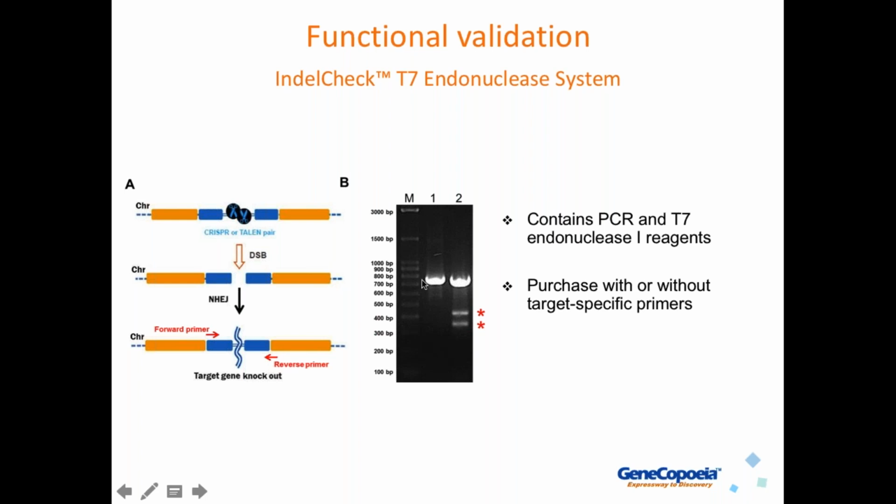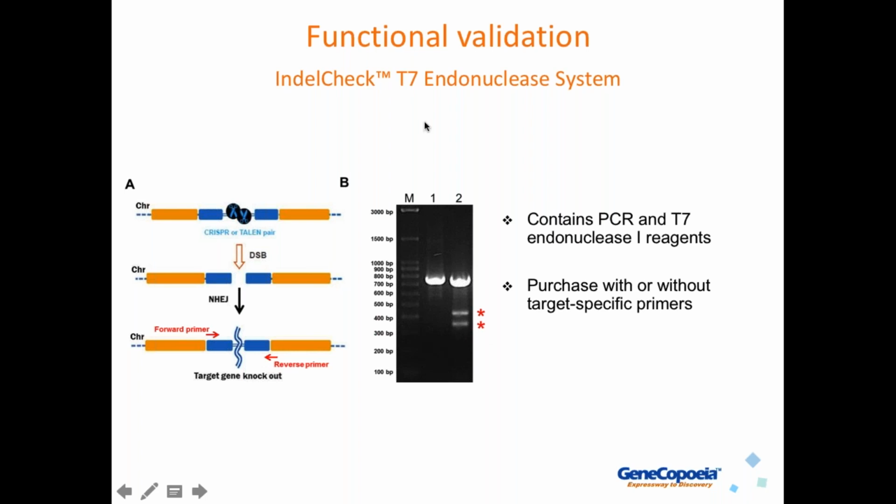When you go through the PCR denaturation and reannealing step that I described in the previous slide, as shown here, you can then take these products and digest them with endonuclease 1. When you see the presence of 3 bands, all of predicted size, one uncut and the other 2 cut at specific sites as predicted, then you know that CRISPR worked well in your system. And this lane is undigested and this lane is digested.